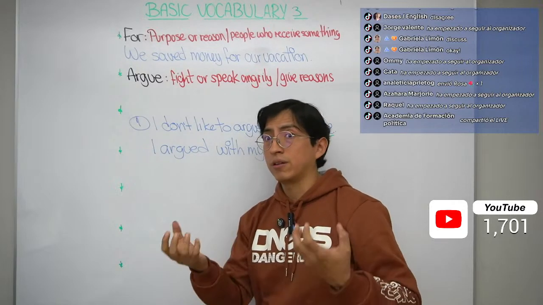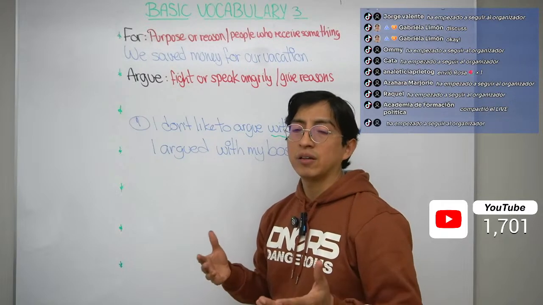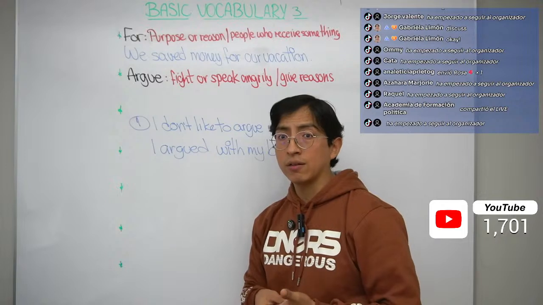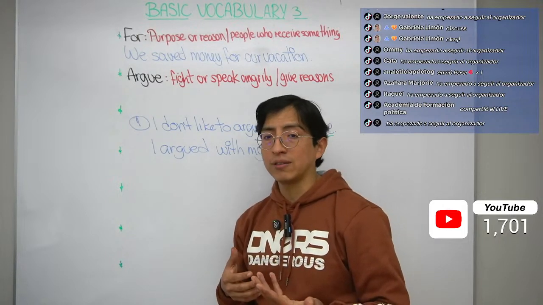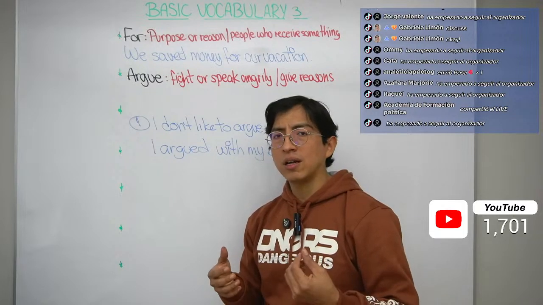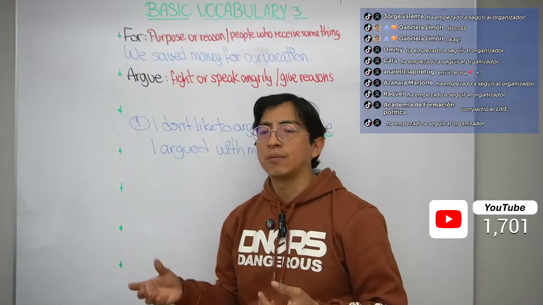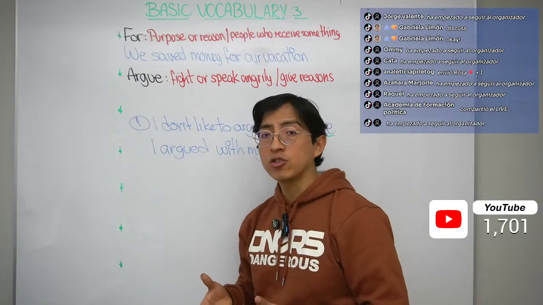Or maybe you have two different opinions about something. This is very common when you, for example, go to a hotel and you see that there isn't good service. You say, hey, excuse me, I need something, and then maybe the server doesn't listen to you, doesn't pay attention.